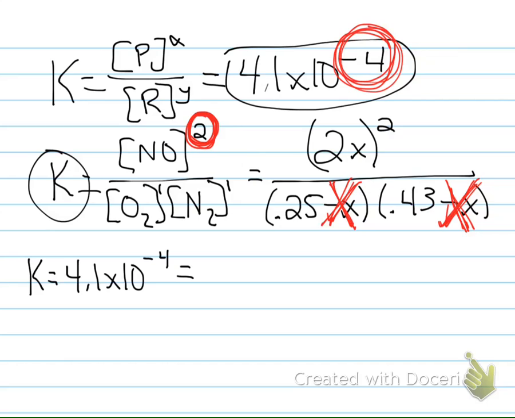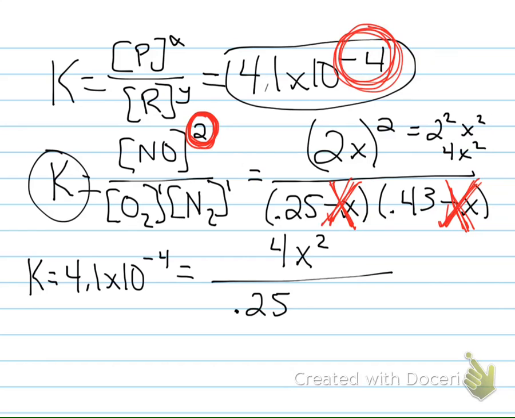Know that you need to square both the 2 and the x. And so this becomes 4x squared, because 2 squared times x squared is 4x squared, divided by 0.25 times the quantity of 0.43.